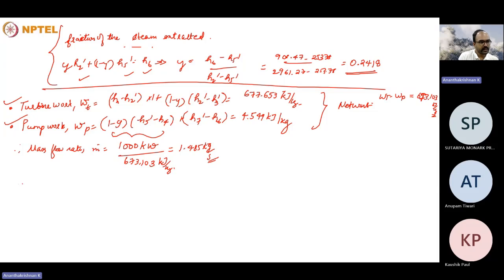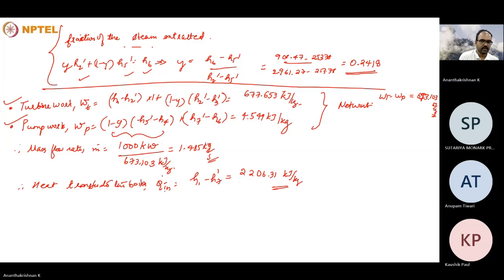Now we have to calculate the heat transfer to the boiler, q in. That will be equal to h1 minus h7 dash. So that will be 2206.31 kilojoule per kg. So this is specific heat, right?